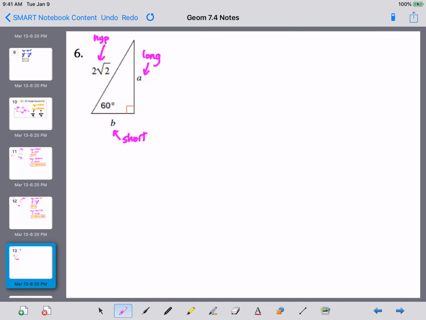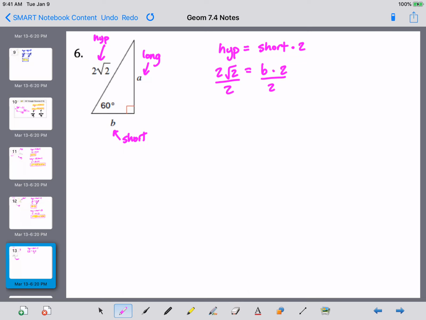Again, we have to start with what we know, which is the hypotenuse. So that formula is hypotenuse equals short times 2. And we can fill in, so hypotenuse is 2 square root of 2, and then the short is b times 2. Okay, so if we want to get b by itself, we need to divide by that 2 next to it.